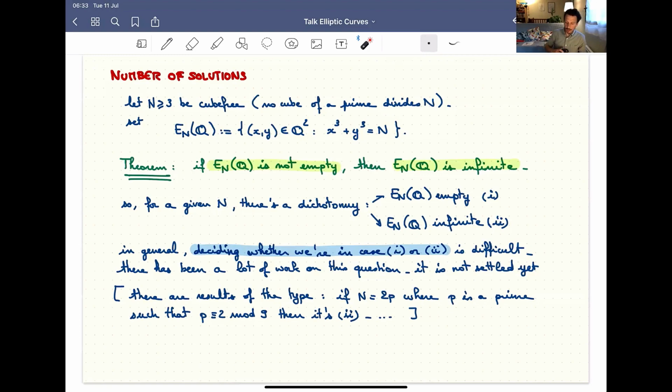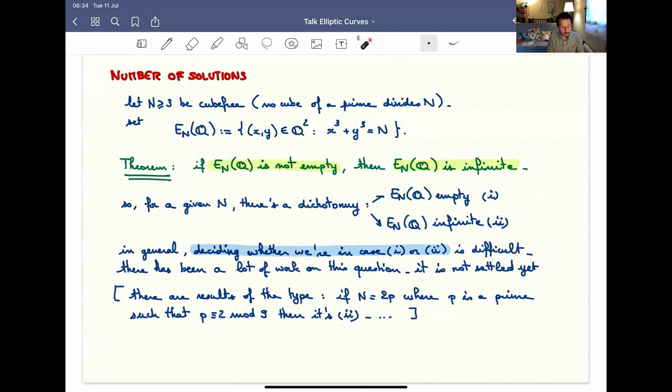So this is the following theorem. I just used the same notations as before. The theorem says that if the set of solutions is not empty, then the set of solutions is infinite.